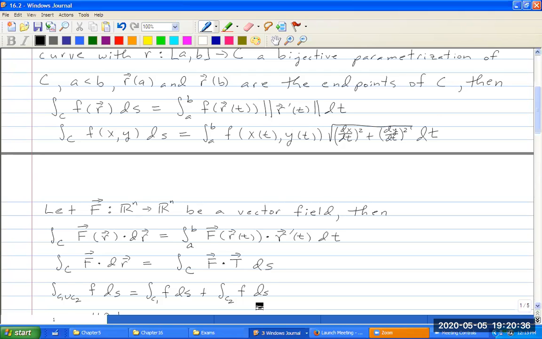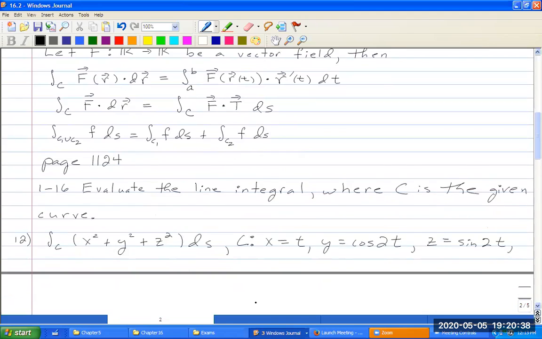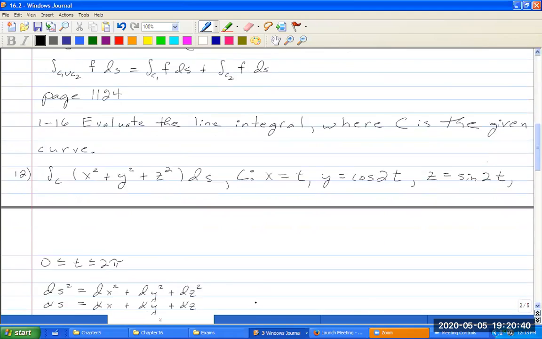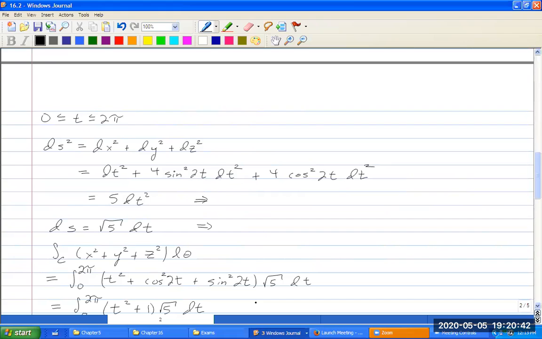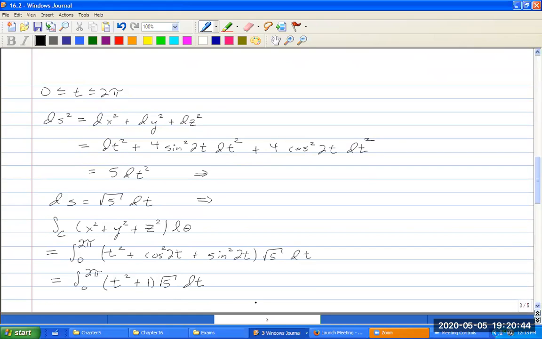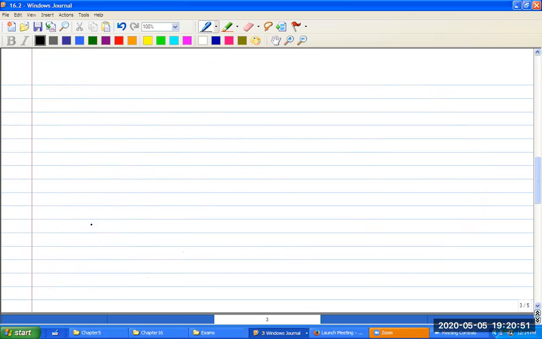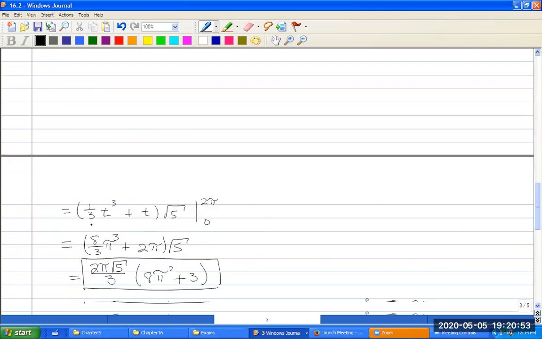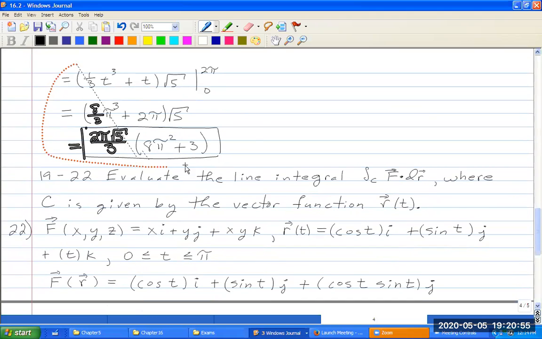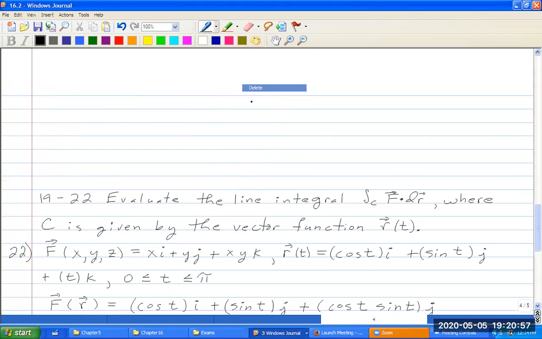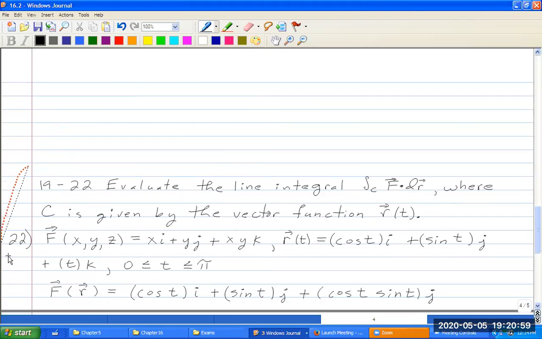So let's say on page, wait 1 second. Let me get rid of that. Okay, so 1 second.